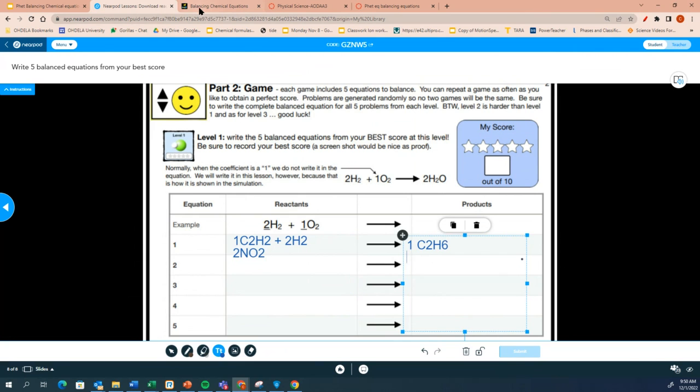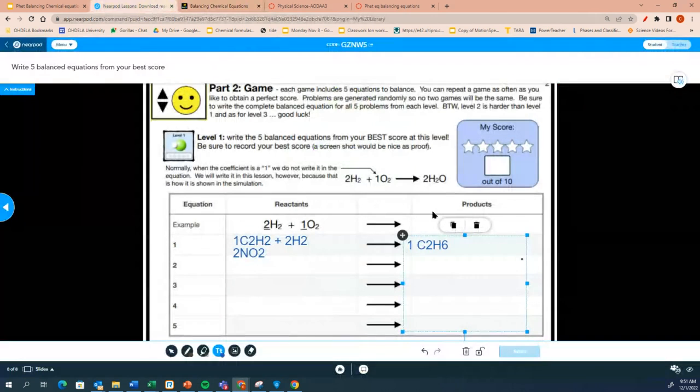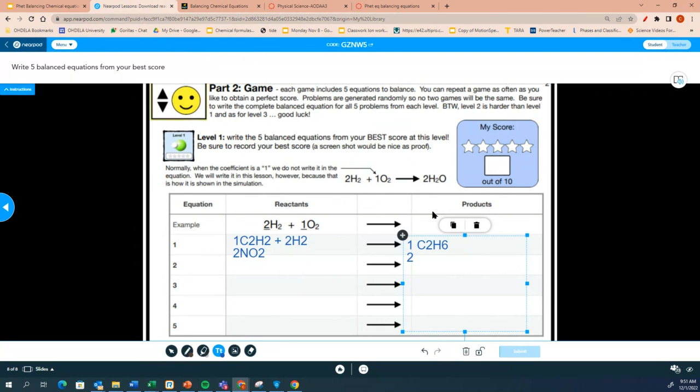I forgot when I saw that hand pop up. 2NO plus 1O2. All right, so that's my second equation. You need to take a look at that.